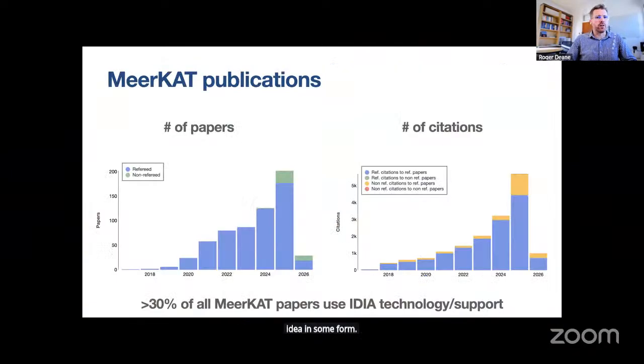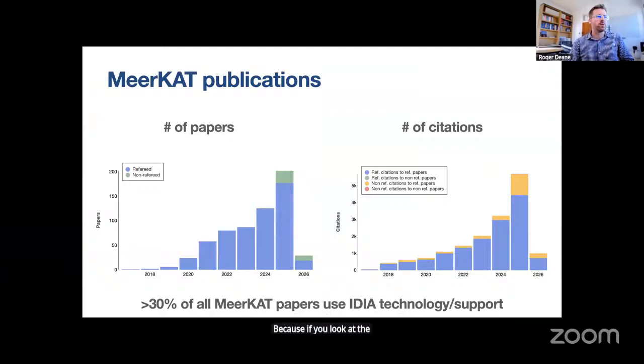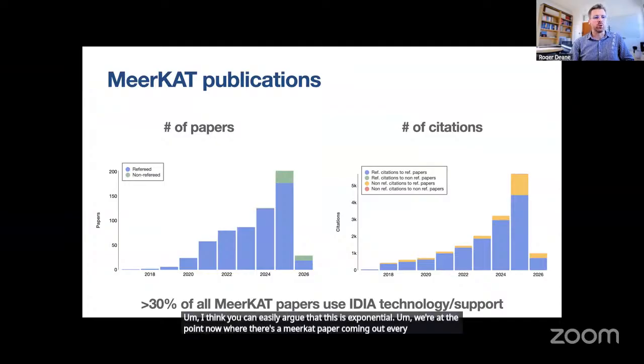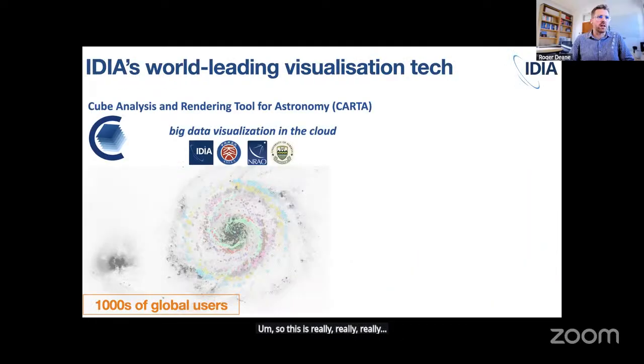This is just a slide showing that support is going to have to increase substantially, because if you look at the growth of the number of papers coming out of MeerKAT, I think you can easily argue that this is exponential. We're at the point now where there's a MeerKAT paper coming out every 24 hours, if you look at the statistics from 2026. And about 30% of those, and I think growing, are supported by IDEA technology and support in some way. So this is really only just taking off.